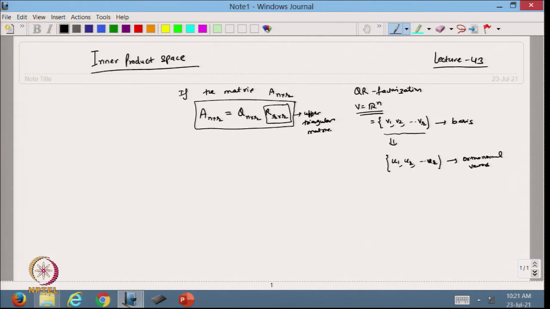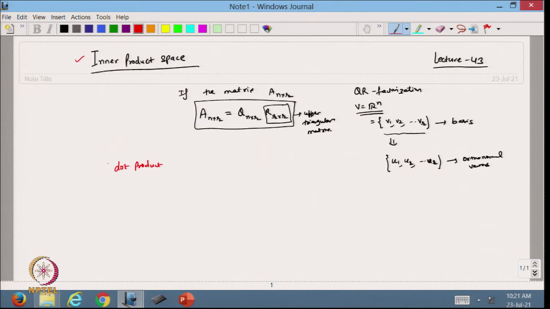Now, after doing this, today we are going to discuss the inner product space. We have discussed that whenever we use the Gram-Schmidt process, we deal with the dot product.